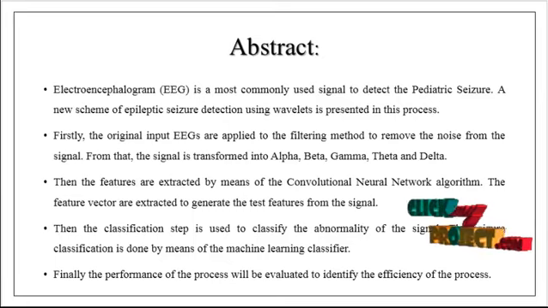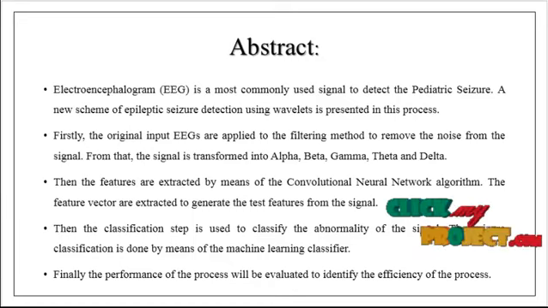Then the features are extracted by means of the convolutional neural network, which is a kind of deep learning method. The feature vectors are extracted to generate the test features from the signal. After generating the test features, the classification step is used to classify whether the signal is normal or abnormal.